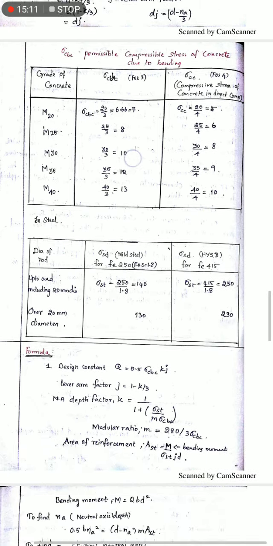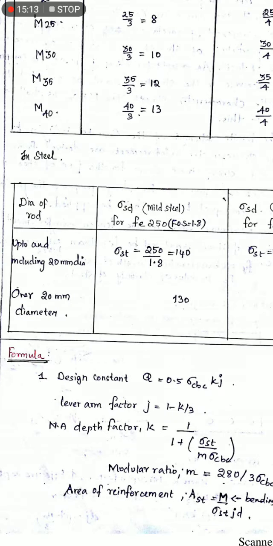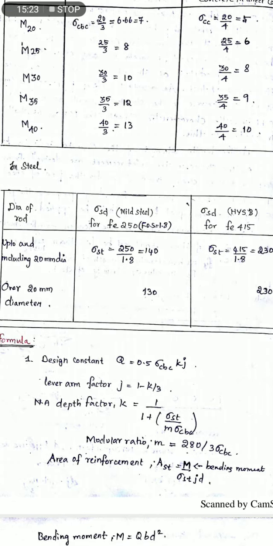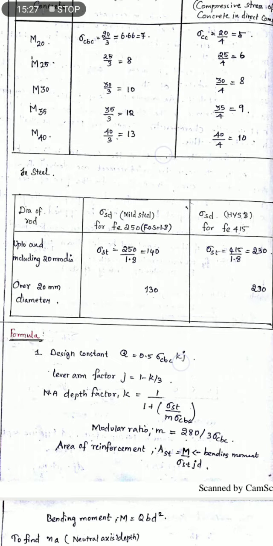Okay. Similarly, sigma ST means permissible stress for steel, for Fe 250 and Fe 415. So for both grades we have to arrive at it. Up to 20 mm diameter, we use a factor of safety of 1.8.